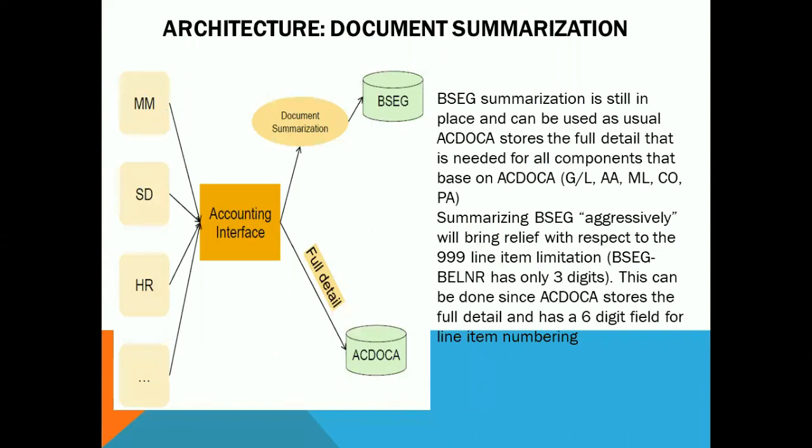There is an accounting interface, through which I am able to see that the goods receipt FI document and the invoice receipt FI document are posted in the GL. That is what you call integration. When the accounting document is posted, it is posted in both tables, the BSEG level table and the ACDOCA table, as I discussed.